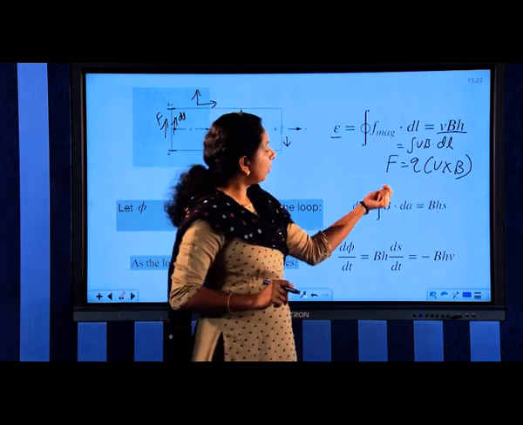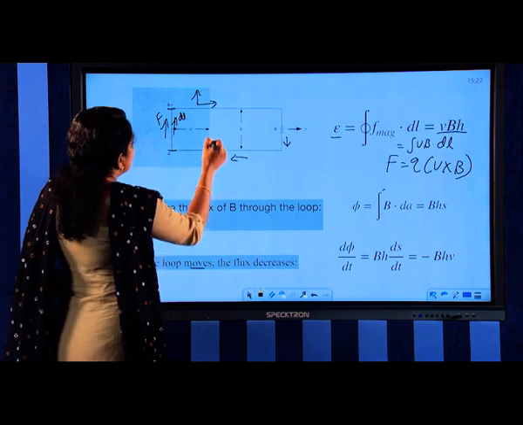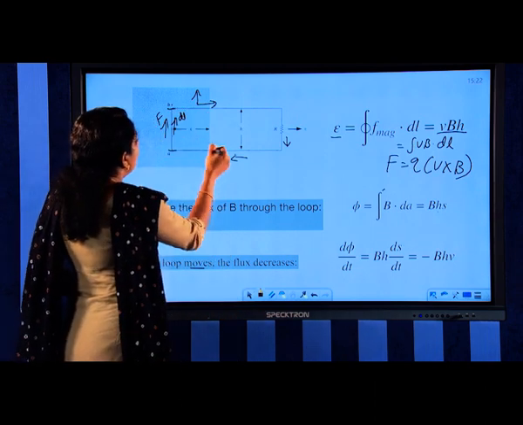So phi is equal to integral B dot dA. And what is the area of this loop? That is width into height.